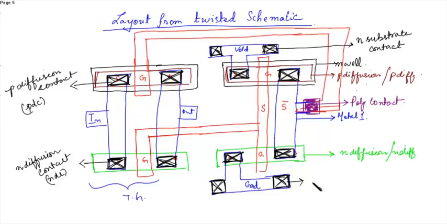This is the P substrate contact, or we write it as PWC or the P-well contact. So this is the whole layout of a transmission gate that is drawn from the twisted schematic diagram.